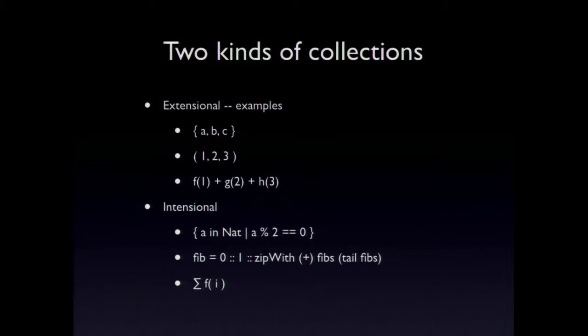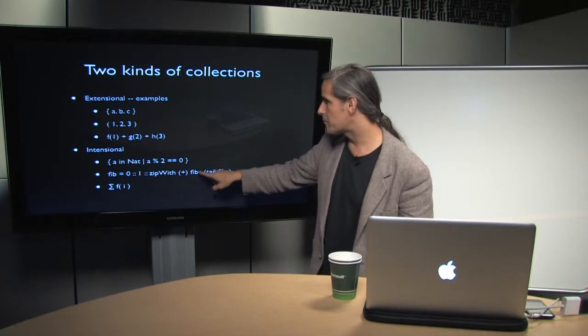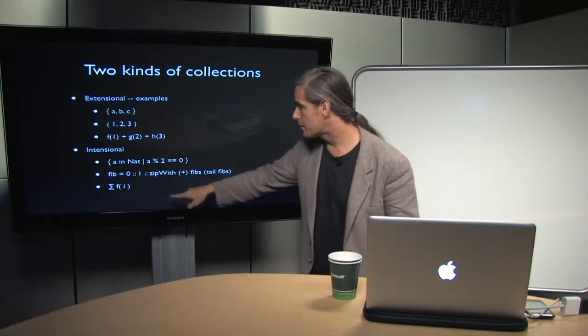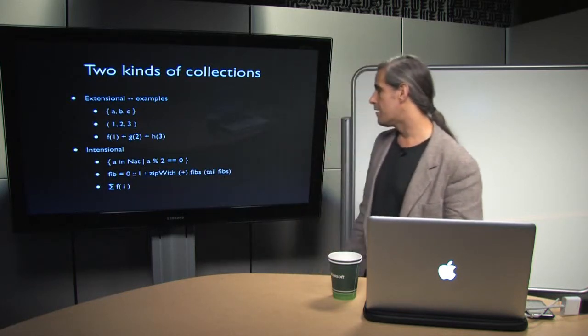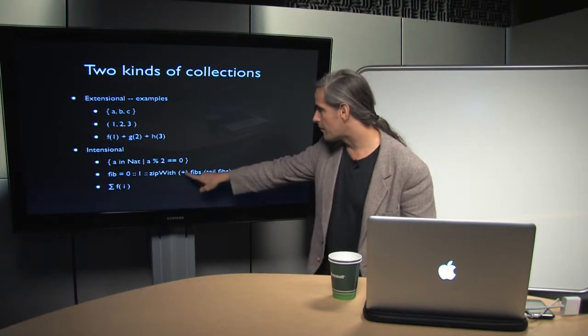Another common infinite set, again programming 101, is the Fibonacci numbers. This is a trick that we can use in, say, Haskell or Scala to calculate the Fibonacci numbers, where we recursively zip up the Fibonacci numbers with itself using addition.